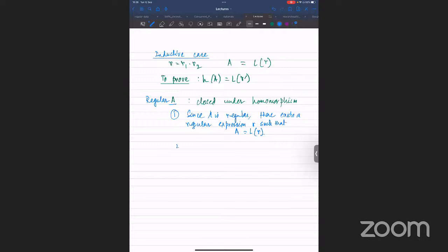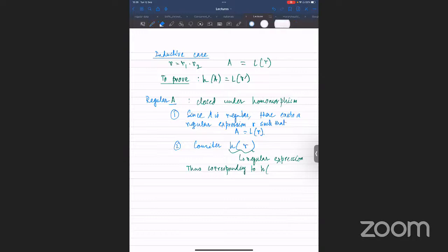And now what we are saying is, consider H of L of R. Now clearly, this is also a regular expression, right? And hence, corresponding to this, sorry, consider H of R. This is also a regular expression.